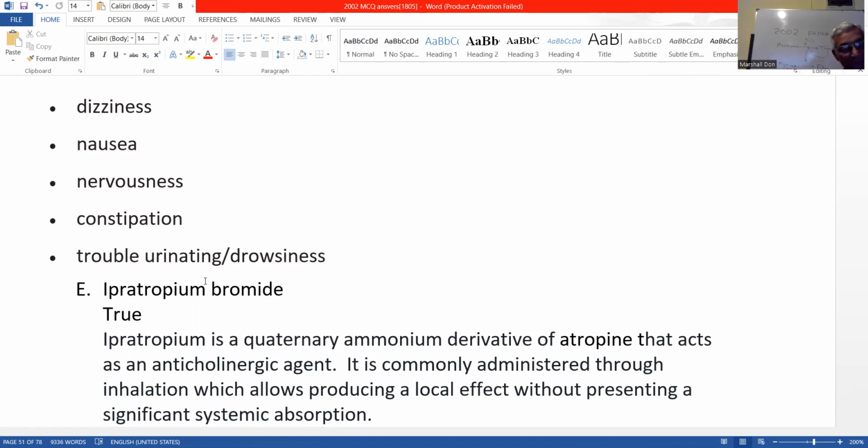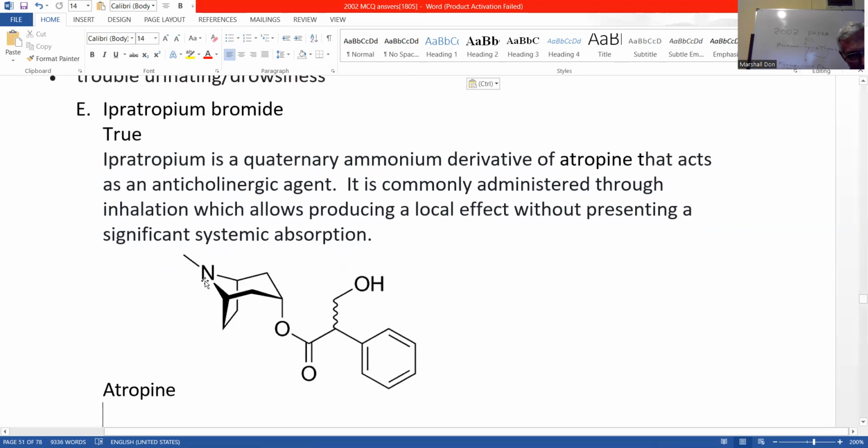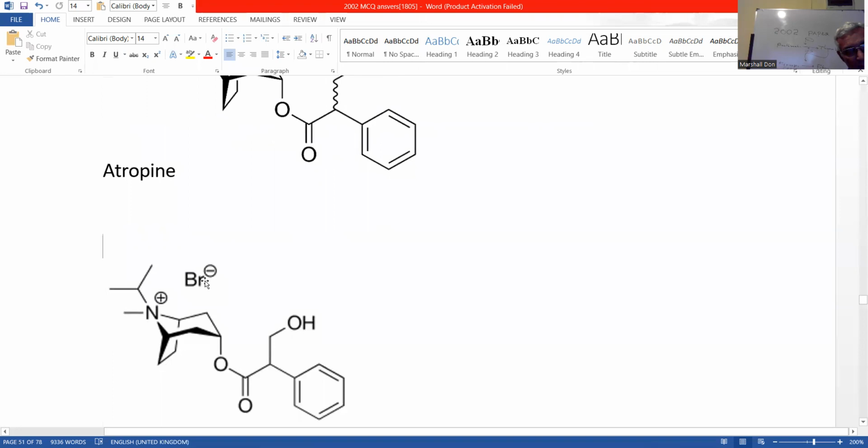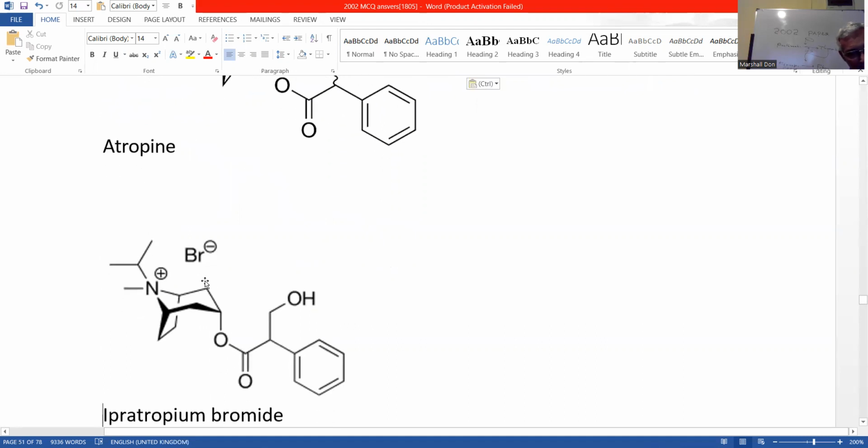Ipratropium bromide is an anticholinergic drug. It is administered only as inhalation. It does not get absorbed into the body. Given for asthma. See, this is like atropine, a modified form of the atropine molecule.